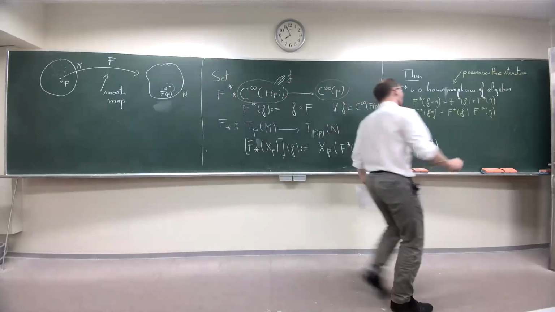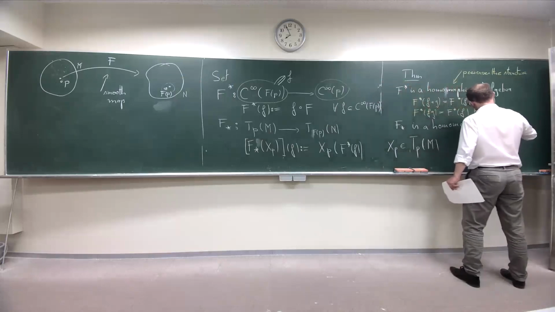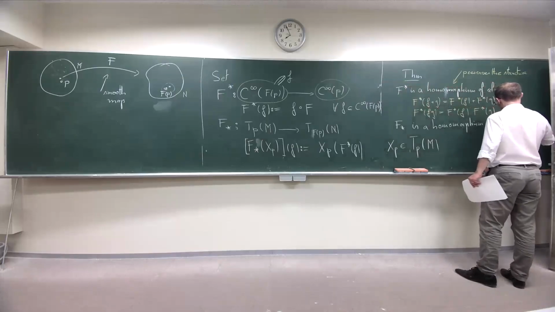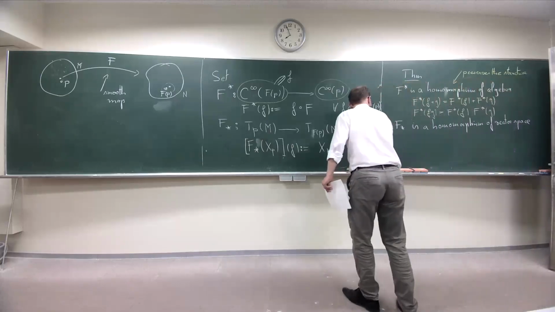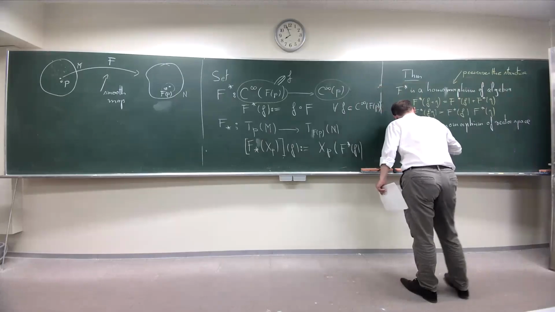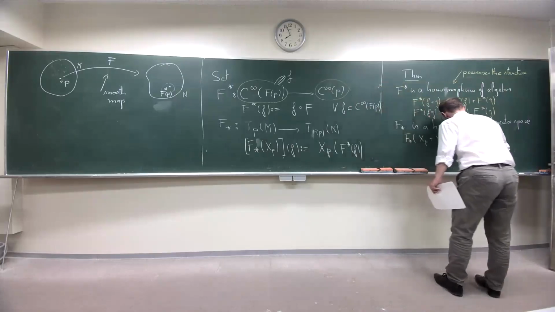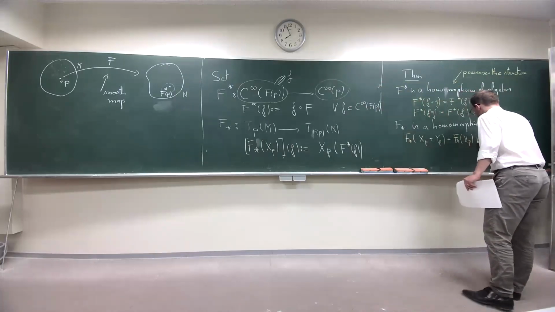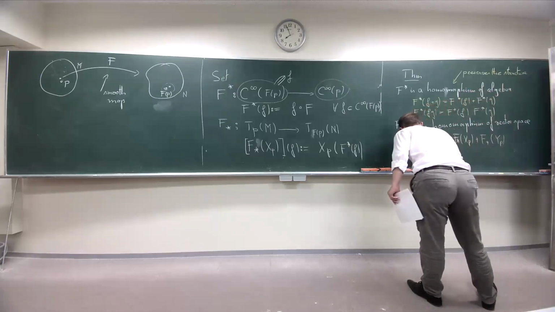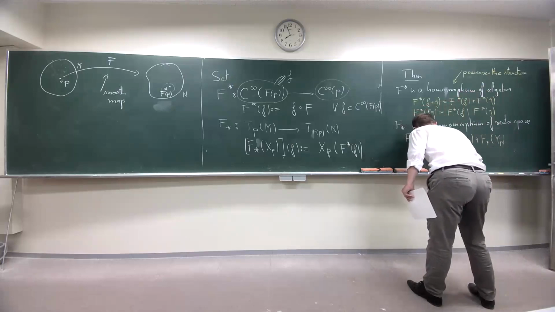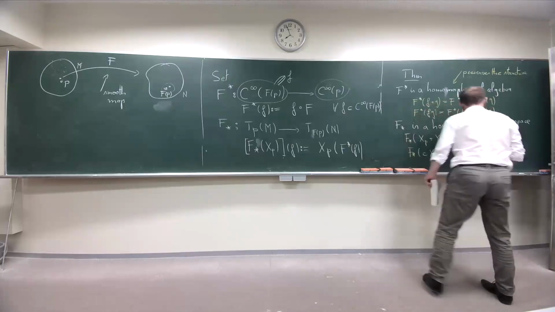So it's a homomorphism of vector spaces. What do I mean by this? It means F star of X_p plus Y_p is F star of X_p plus F star of Y_p, and also F star of c times X_p is c times F star of X_p. So it preserves the structure.